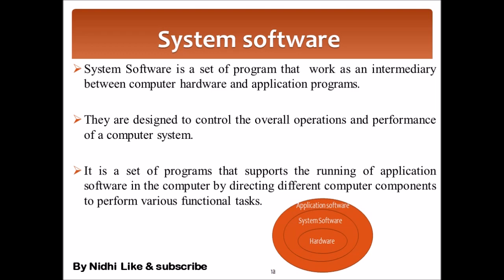System software is designed to control the overall operations and performance of a computer, or you can say it is a set of programs that supports the running of application software in the computer by directing different computer components to perform different types of functions.